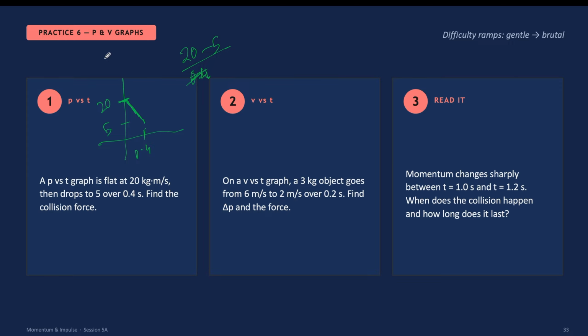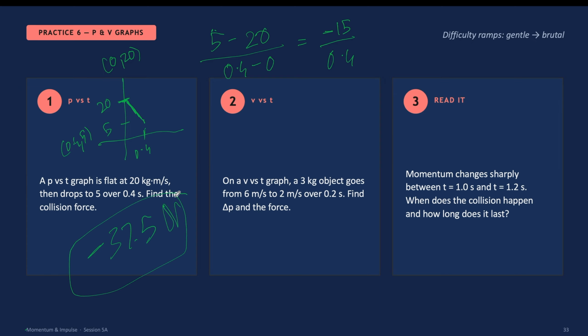So at 0 it's 20, and at 0.4 it's 5. It'd be a bit easier if I did it the other way: 5 minus 20 over 0.4 minus 0. Negative 15 over 0.4, so negative 15 divided by 4 over 10. We can approximate this to be negative 37.5 newtons.